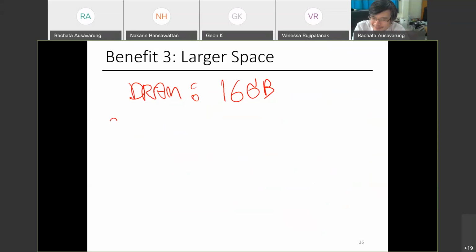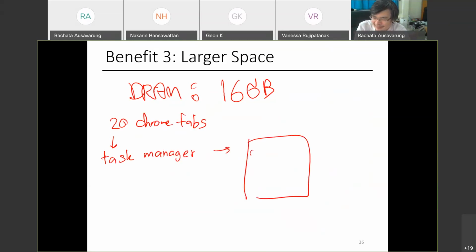So let's say you have 20 Chrome tabs and you open the task manager on Windows. What you see here is Chrome, Chrome, Chrome, Chrome. Have you seen this? Yes, when you're searching for a solution for your bug. I totally understand that. So you see a bunch of Chrome on the task manager, right?